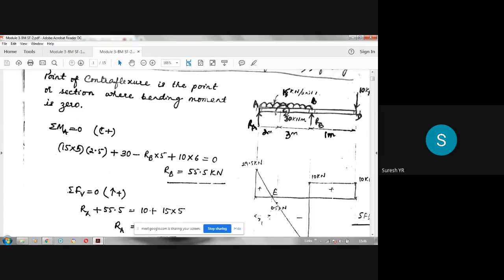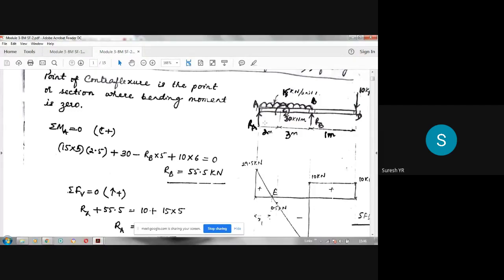Since you are writing the shear force expression, you should not multiply by the distance again. It is the shear equation. So the shear force at E you are getting as 29.5 minus 15 into x1. All these I had explained in the earlier classes.